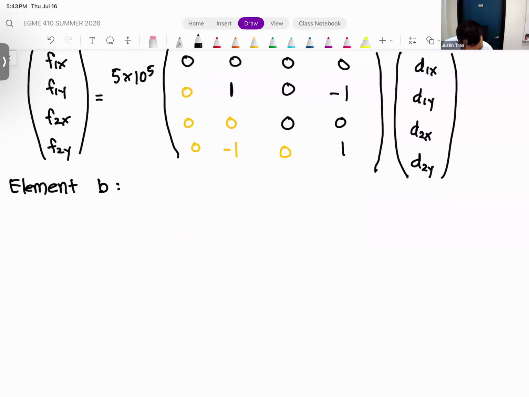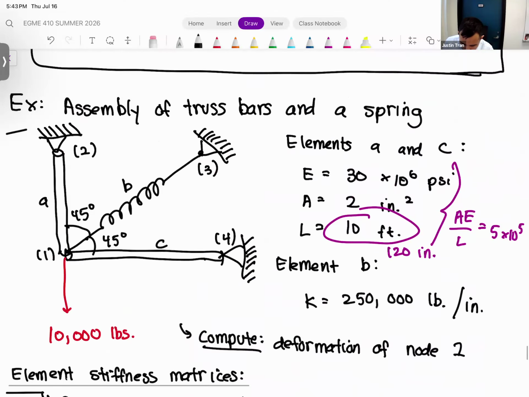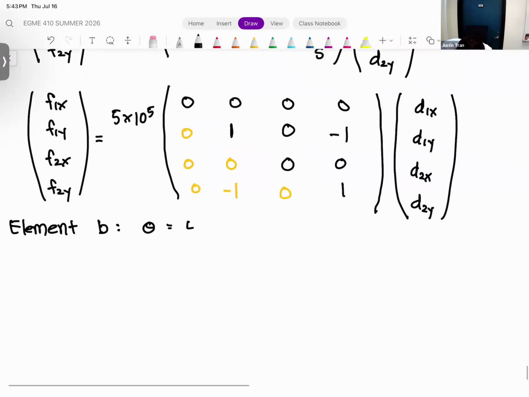Element B, first, remember, we're going to pre-compute our sine and cosine, right? So the orientation for element B, let's go back up here. Element B is the one that's kind of pointing up and to the right. So the angle for element B is going to be 45 degrees. So let's go ahead and compute cosine and sine. So cosine of 45 degrees is root 2 over 2.